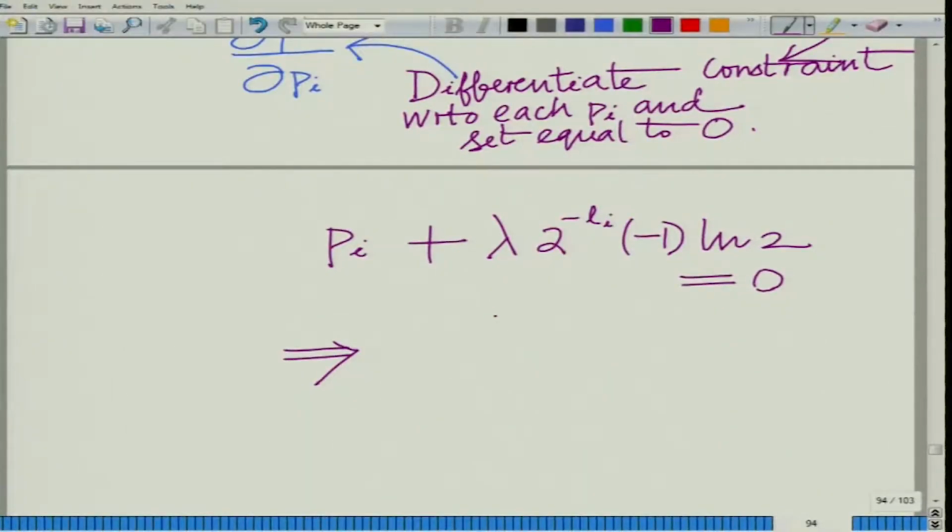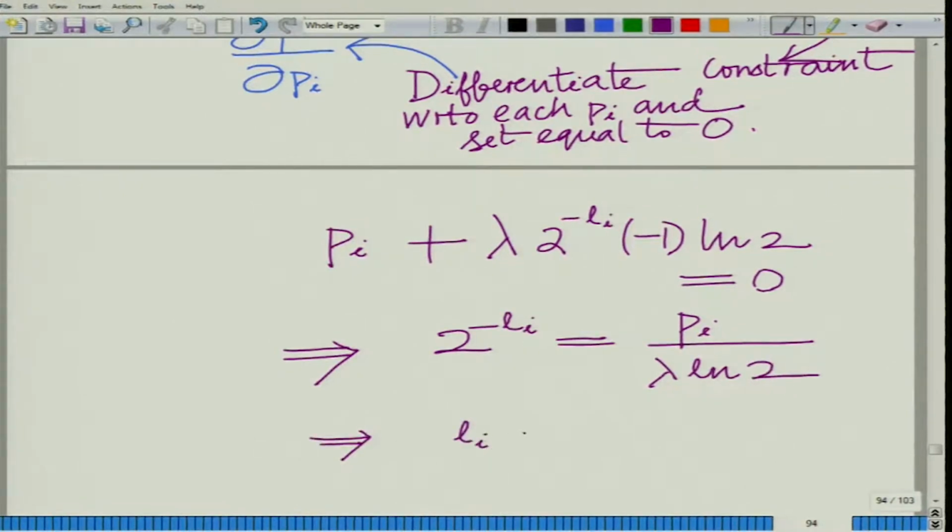So, what we have is basically 2 to the power of minus li is equal to pi divided by lambda ln 2, which implies li equals log to the base 2 of lambda ln 2 divided by pi.